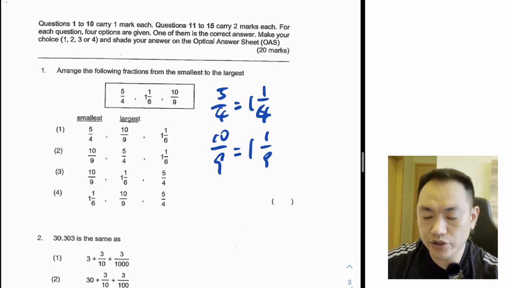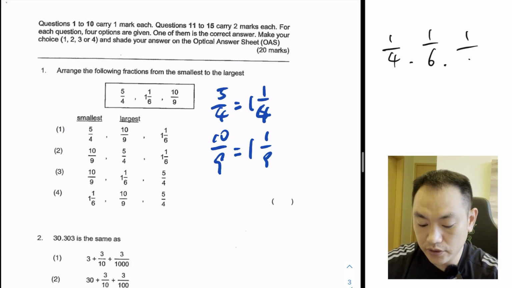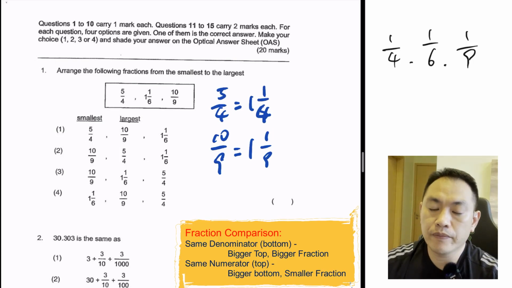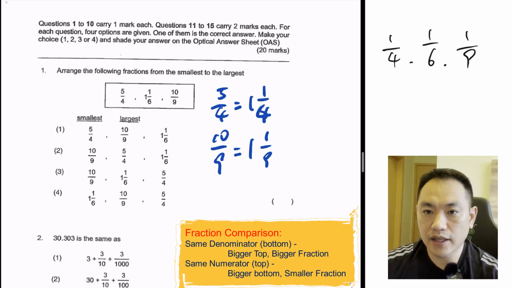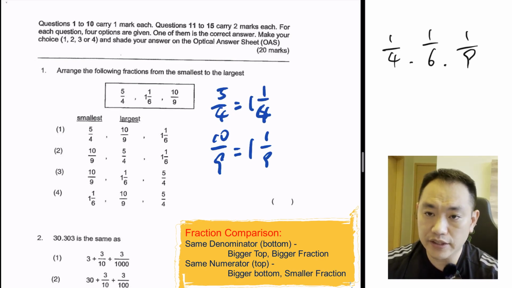So basically the question is asking you to compare 1/4, 1/6, and 1/9. As we know, for fractions, if everything has the same denominator, which is the bottom, the greater the top number, the greater the fraction. On the other hand, if the top is the same, then it's the other way around: the greater the bottom, the smaller the fraction.